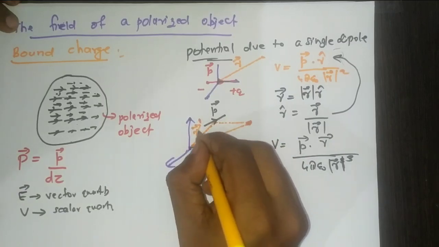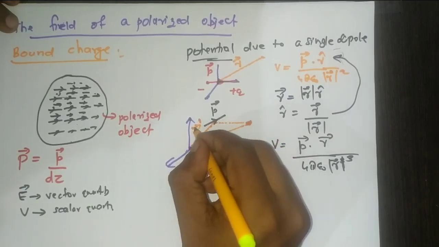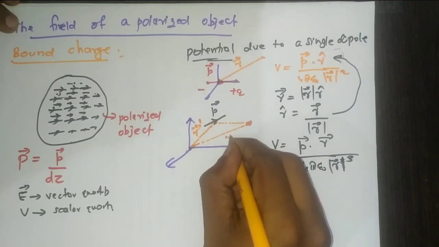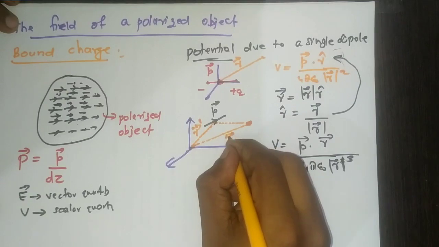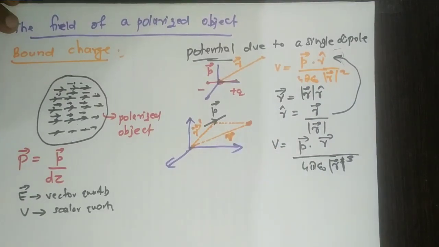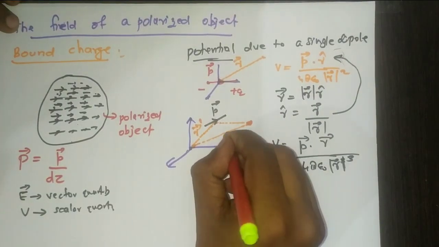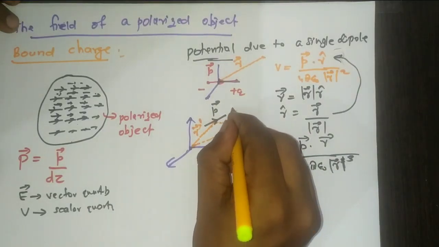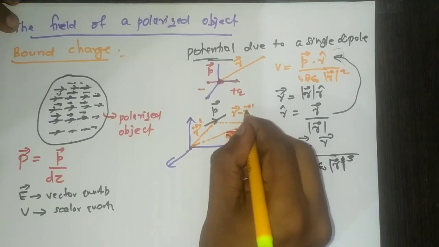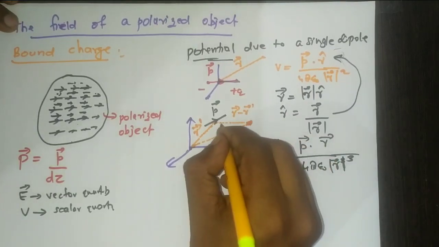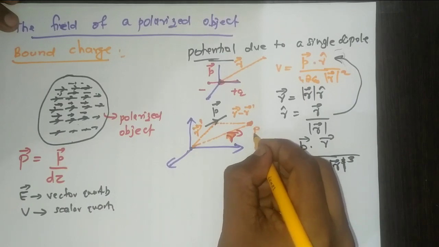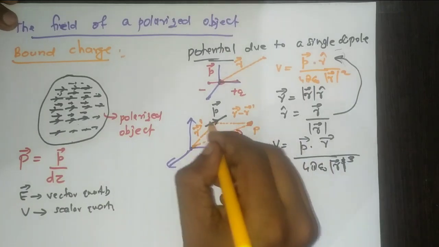This is r prime. The coordinate of this dipole is r prime, and this is our r. This one is r minus r prime. This distance is r minus r prime. This is the point P where we are interested to find out the potential due to this dipole.